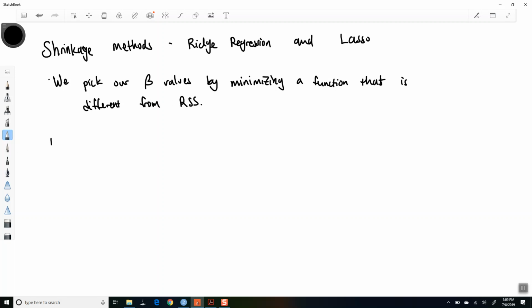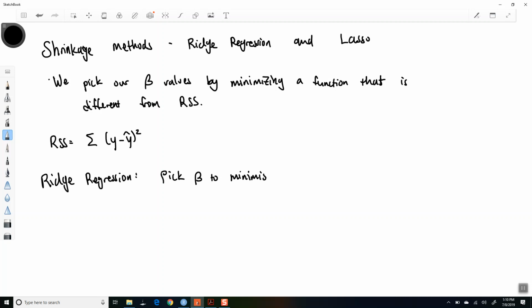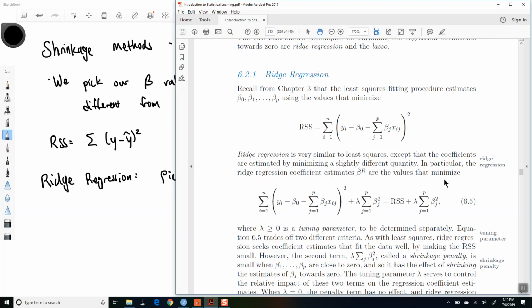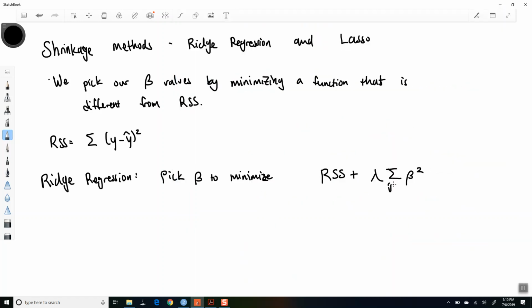Okay, so you know RSS is the sum of this. And then for ridge regression, it says pick betas to minimize RSS plus lambda times the sum of the beta squares, from j equals 1 to p of beta sub j squared.